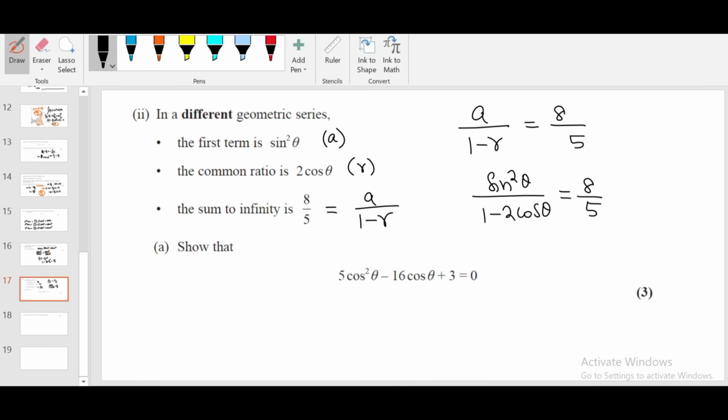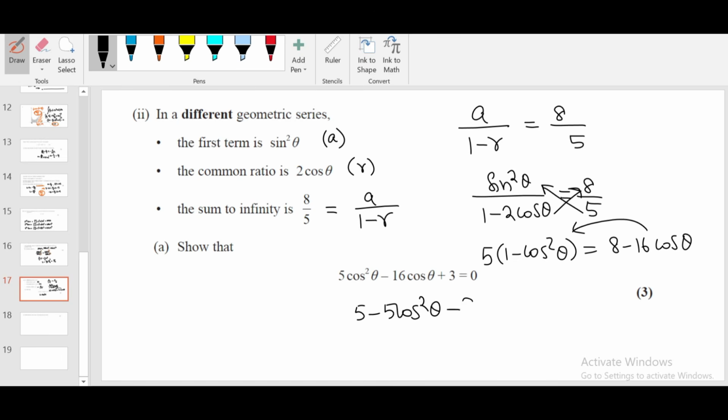Cross multiply. So 5 comes here. 5 times sine squared theta. You can replace sine squared by 1 minus cos squared. Then 8 times this. You will get 8 minus 16 cos theta. Open the bracket and put everything on one side. You will get the equation. You will get 5 minus 5 cos squared theta minus 8 plus 16 cos theta is 0.